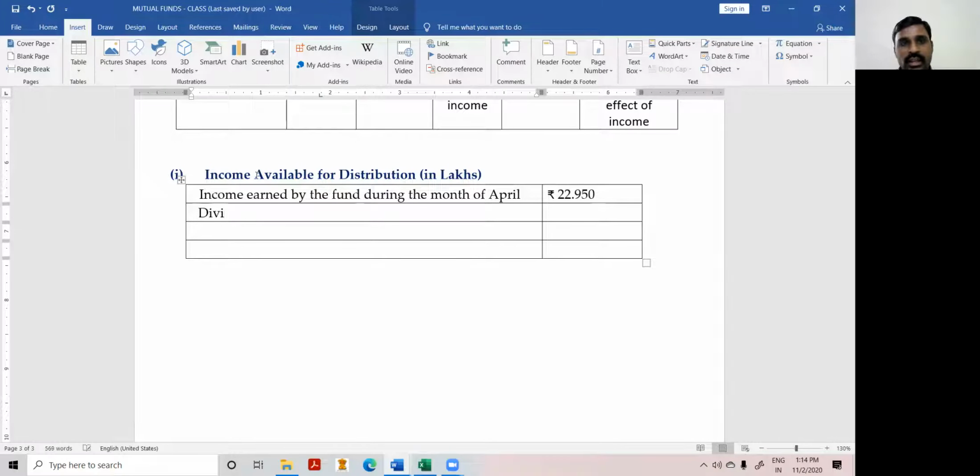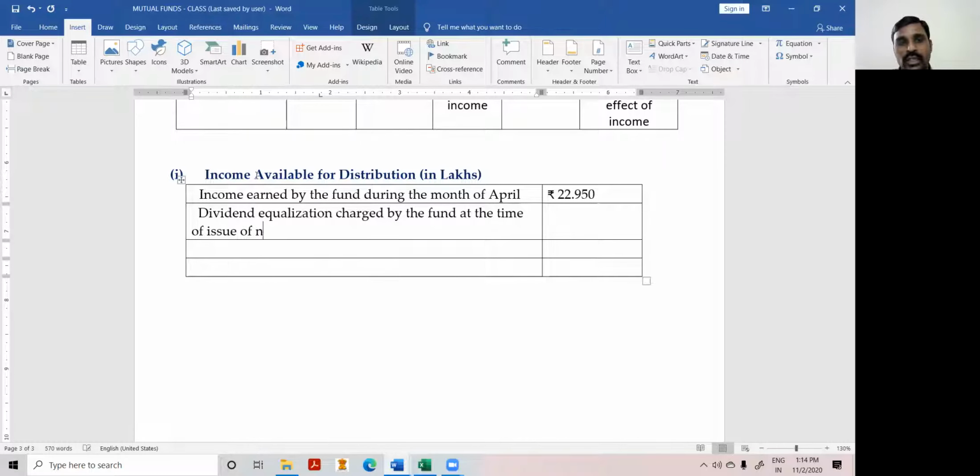Next, dividend equalization. Dividend equalization charged by the fund at the time of issue of new units at the end of April.